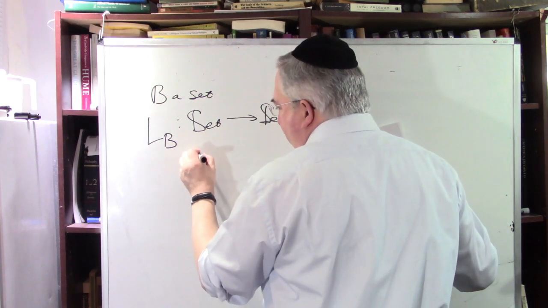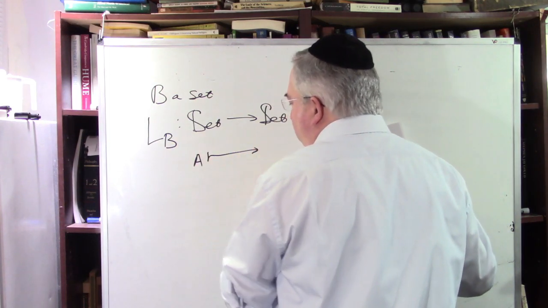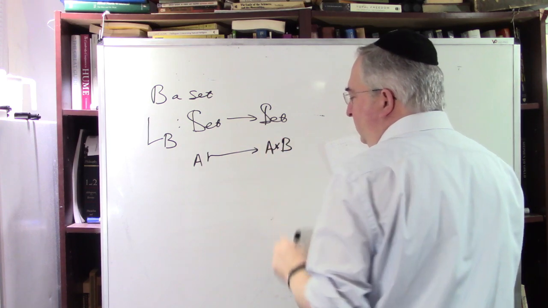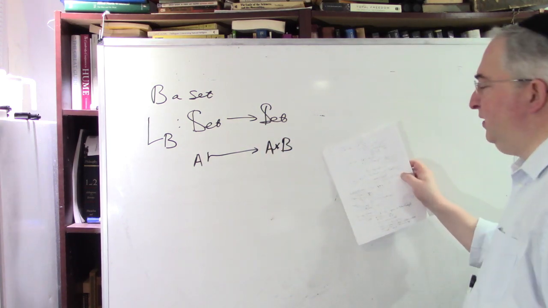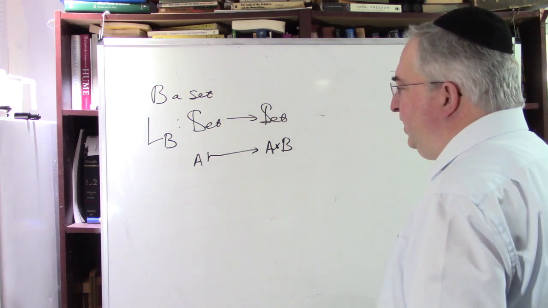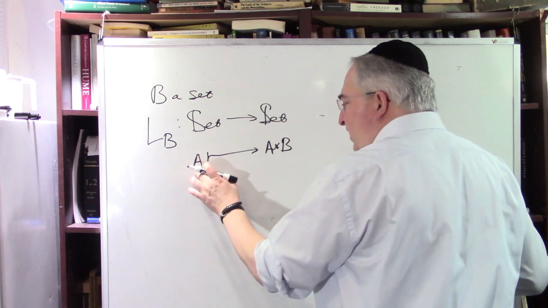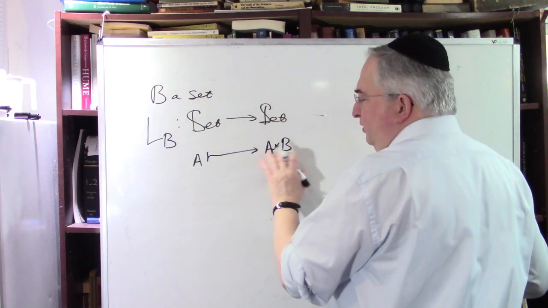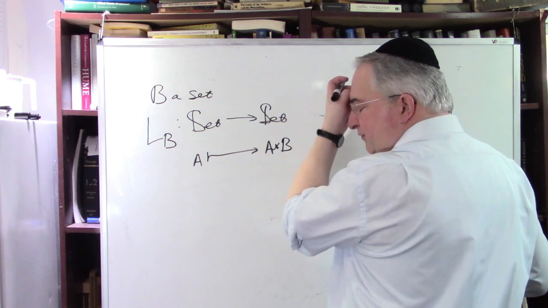Take a set A. It goes to, you ready? A cross B, the Cartesian product of A and B. That's it. Take any set A and just do the Cartesian product with B. So you get pairs of elements here.